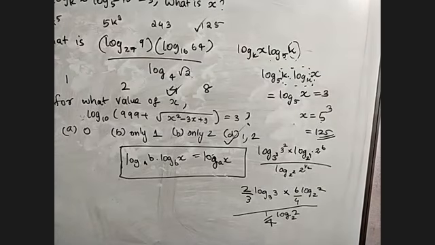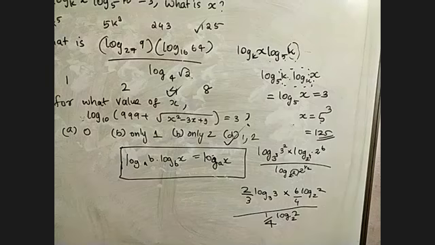See, did you take this 2 times? 1 by 2 is here, also this 2 is here. So 1 by 2 divided by 2, 1 by 4. Simplify that.